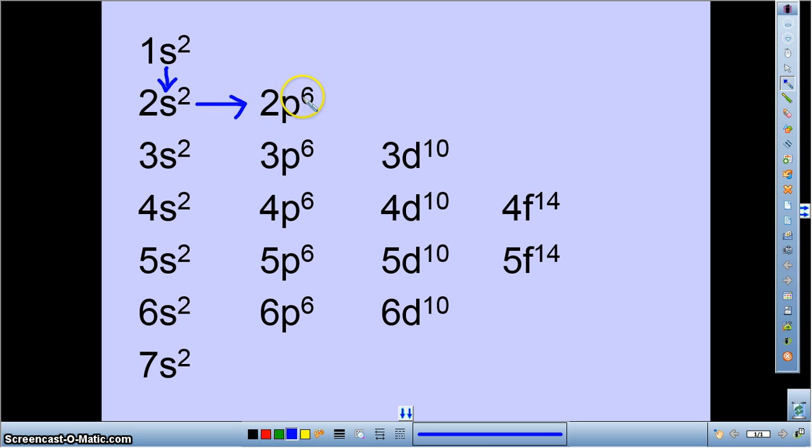Once we fill up and use all those 6, so we have an element that has more than 6, 7, 8, 9, 10 electrons, we're going to go up to the 3rd principal energy level and put the next 1 or 2 electrons in the 3s. If we have more electrons than 6, 7, 8, 9, 10, 11, 12, we're going to put them into a 3p orbital. And we can fit the next 6 in a 3p orbital.